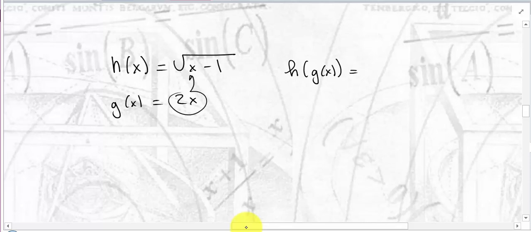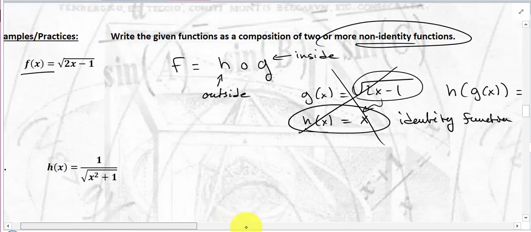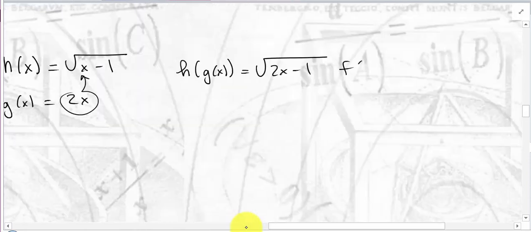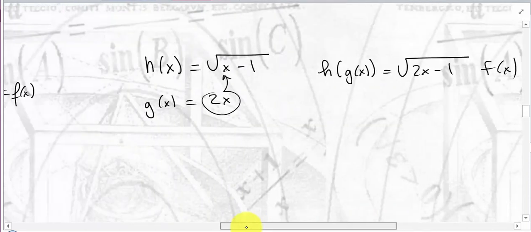So for h, I could take, for example, square root of x minus 1, and for g, I could take, for example, 2x, right? What happens if you do h of g of x? Well, you're going to get g of x thrown into h, right? So it's square root of 2x minus 1. And this is f of x. So that's it. You have found two functions right here, okay?